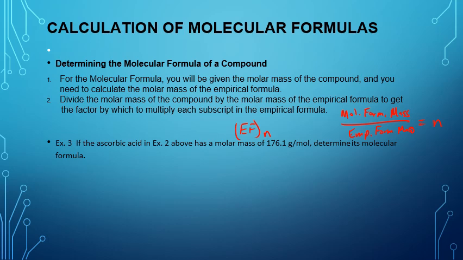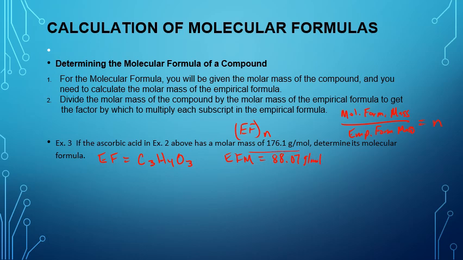So if you think about the example we just worked for ascorbic acid, we had an empirical formula equal to C3H4O3. So now let's figure out the empirical formula's molar mass. I have 3 times 12.01 plus 4 times 1.01 plus 3 times 16, and that gives us a grand total of 88.07 grams per mole.